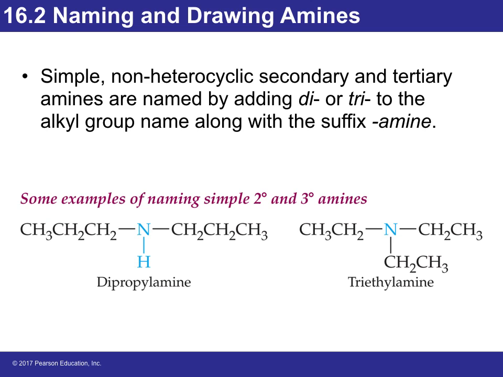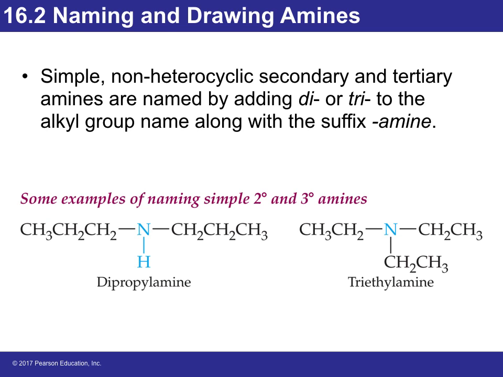Non-heterocyclic secondary or tertiary amines are named by adding di or tri to the alkyl group name, with the same suffix amine. So those are examples. Here on the very far left, I count on the left side 1, 2, 3, so that's a propyl.